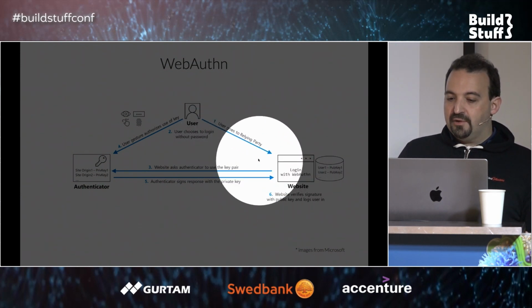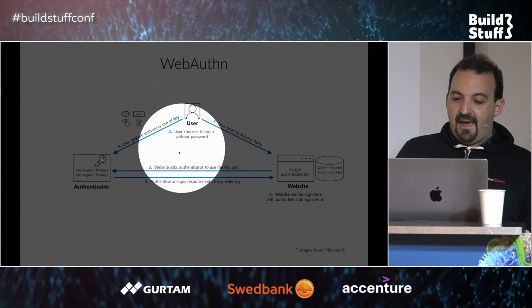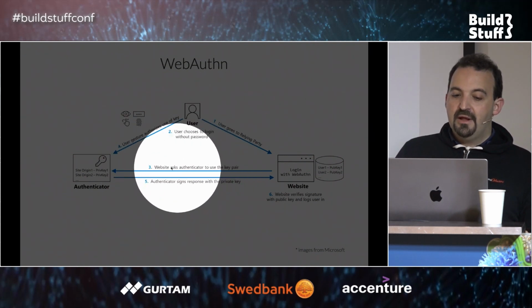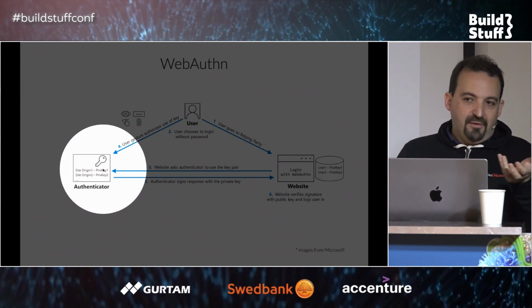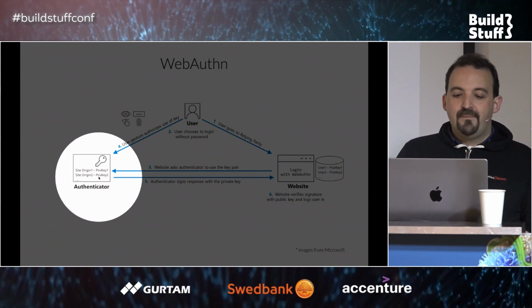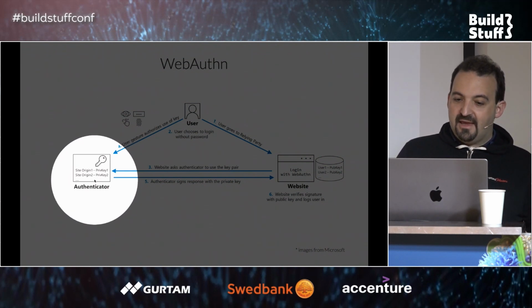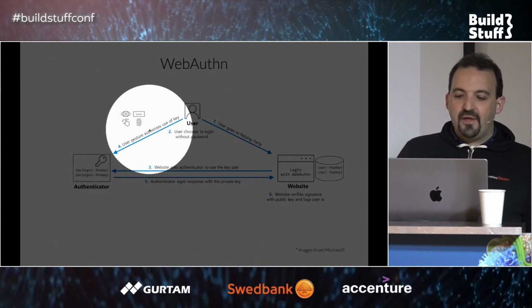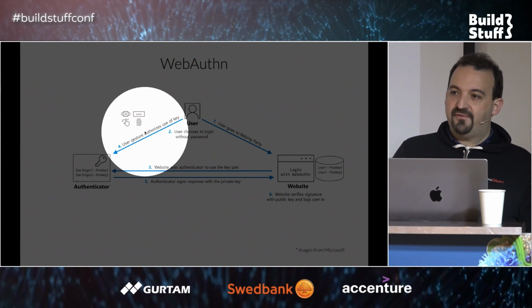So in this case, after the user goes to the relying party, the user will choose there to log in without password. So the next step, the website will ask the authenticator to use the key pair. So the authenticator is just a process in the browser or in the platform that will create the pair of keys. It will store safely the keys. Actually, before that, the user needs to use a gesture to authorize the use of a key.